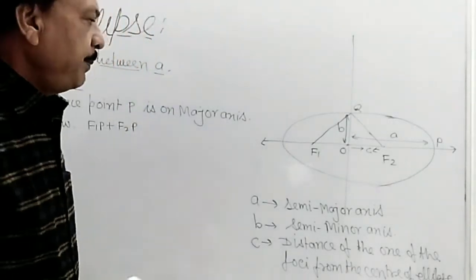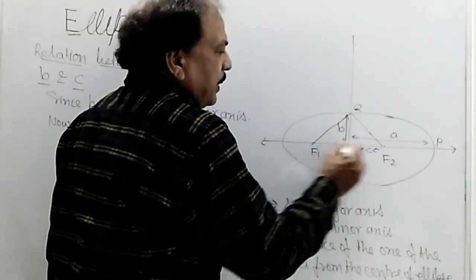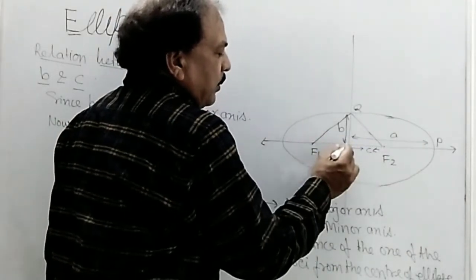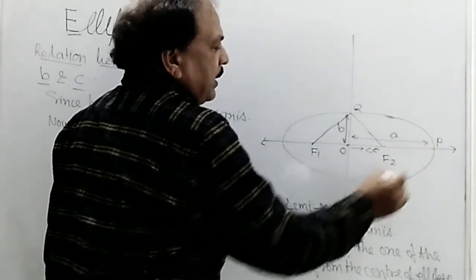तो F1P कितना हो जाएगा? F1O कितना है? C. और OP कितना है?